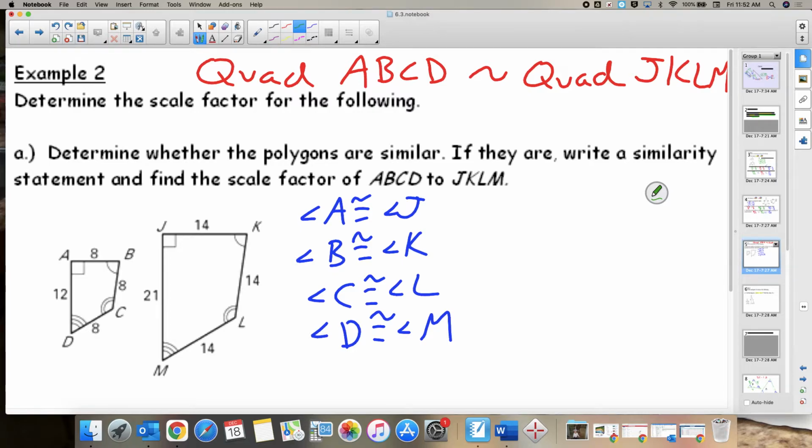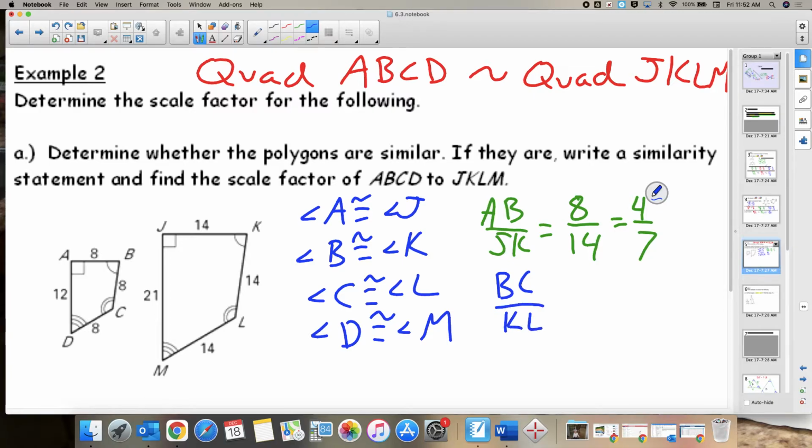We have the side 8 over 14. That's AB over JK. So we have AB over JK was 8 over 14, which reduces to 4 over 7. We have BC over KL, which is 8 over 14, which also reduces to 4 over 7.